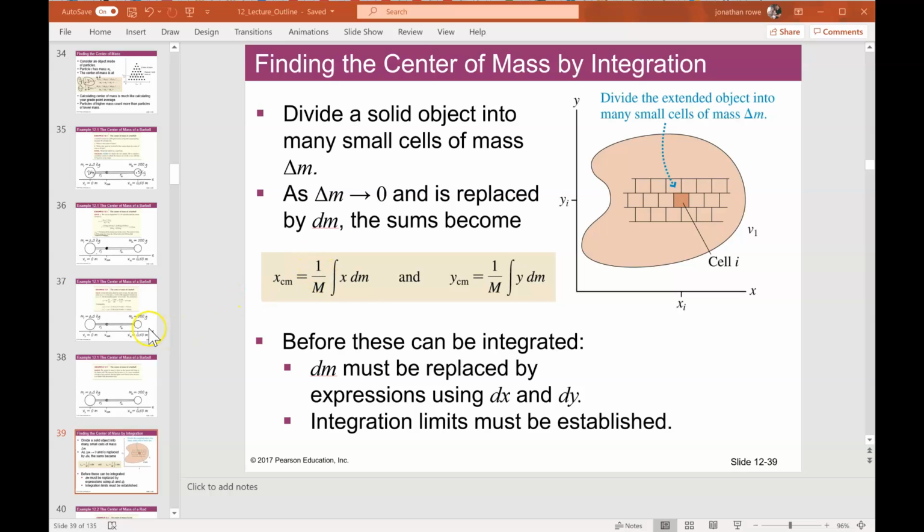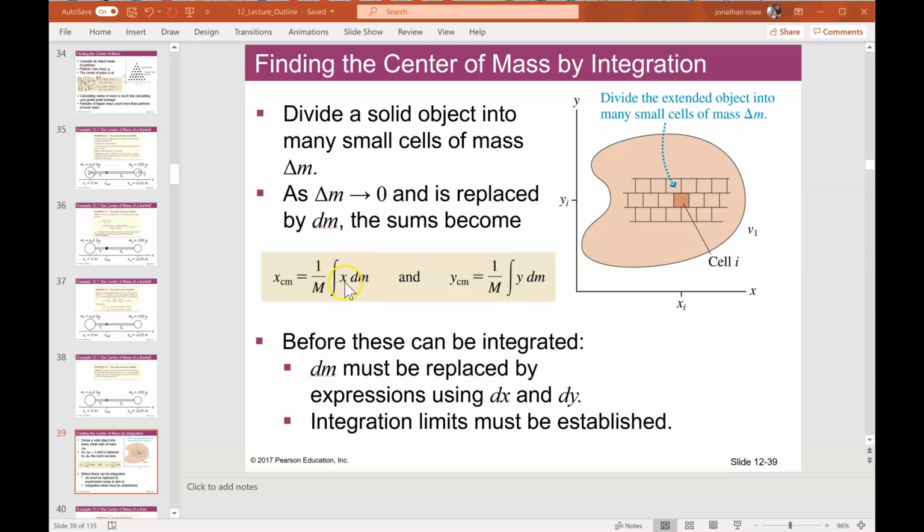So now it's not just a summation, it is an integral, which is an infinite sum of infinitely many infinitely small things.